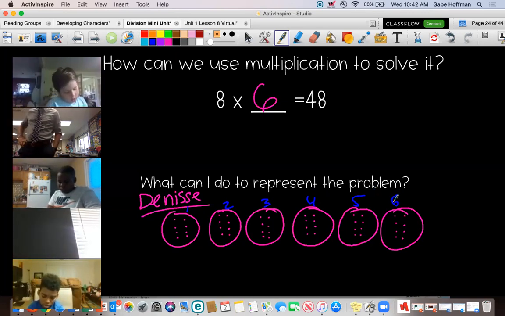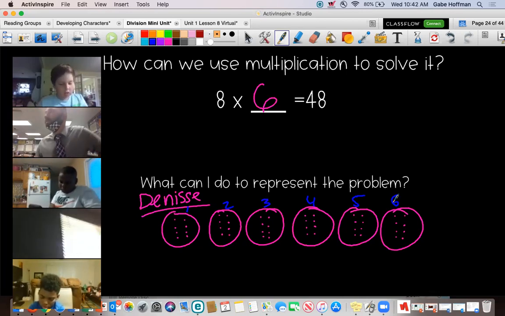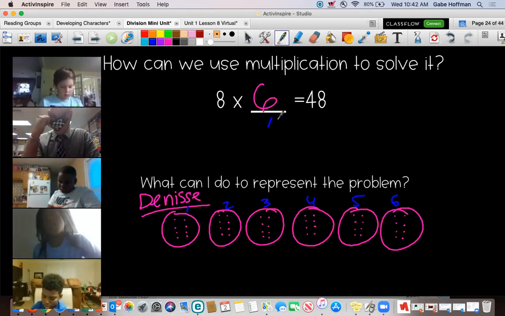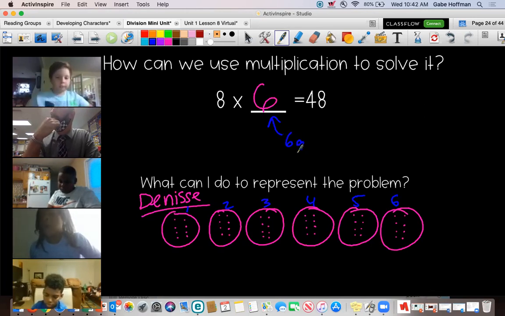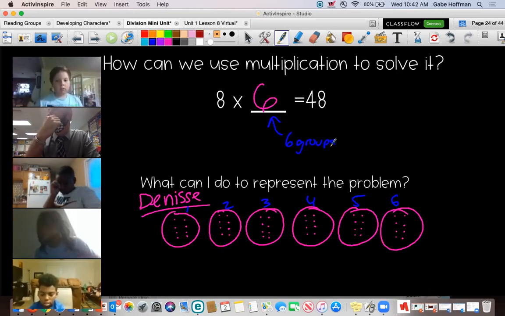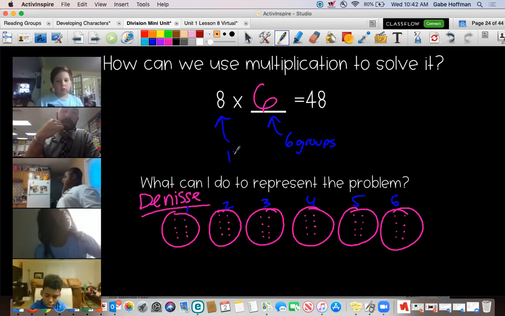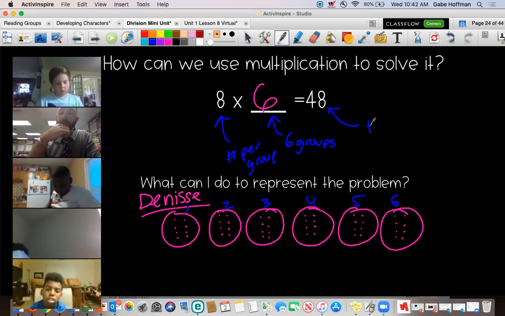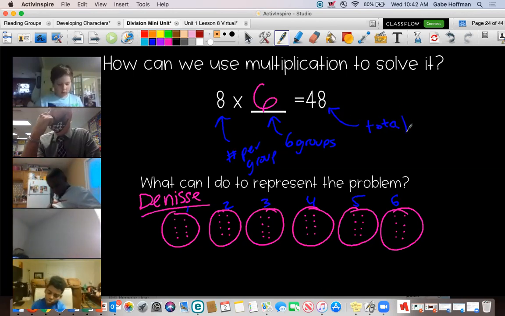So Denise, what I'm getting at is you should make sure you count all the dots at the end and make sure that they actually add up to 48 total, so that your drawing represents the equation. If you did 6 groups and 8 per group, then double check and make sure you had 48. You did, so you did it well. Good job.